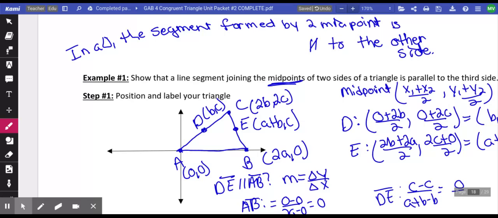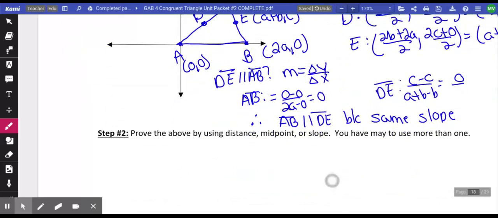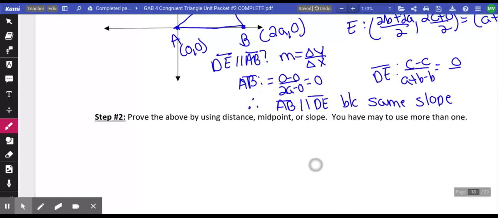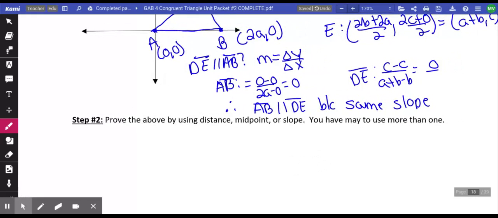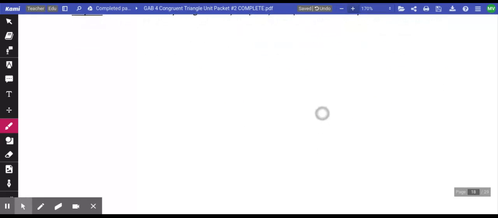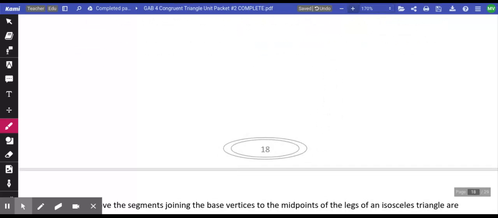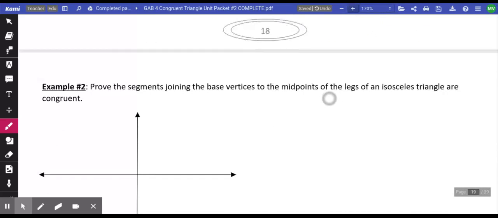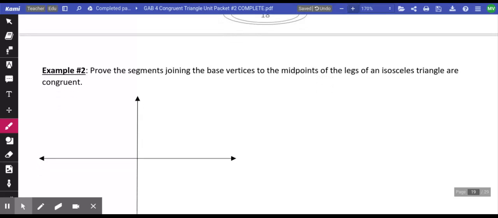Okay, and now the second example. Prove the above by using distance. Oh, I just did that up there. So now prove the segments joining the base vertices to the midpoints of the legs of an isosceles triangle are congruent. So we need to position our triangle. Again, we're talking about an isosceles triangle.